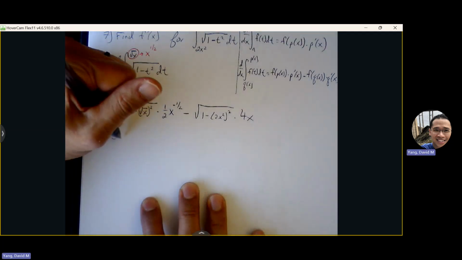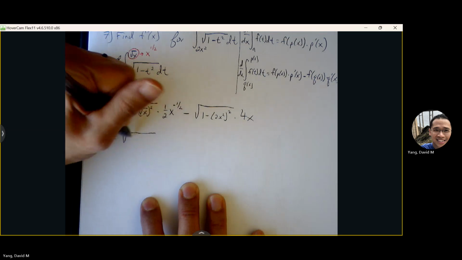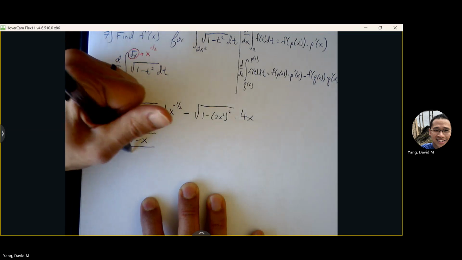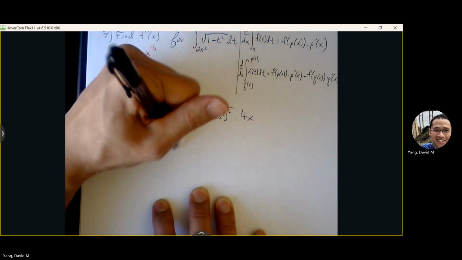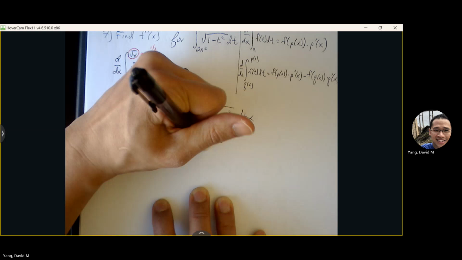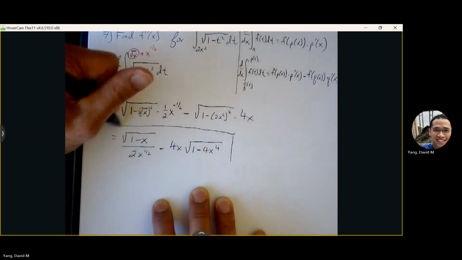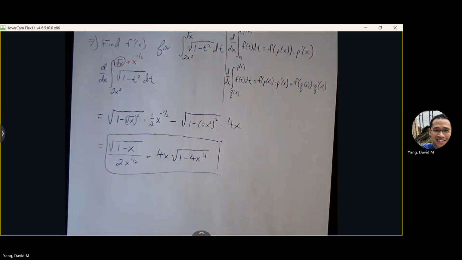Let's just do a little bit of cleanup here. Oh, did I copy it wrong? 2x cubed. Sorry, 2x cubed.